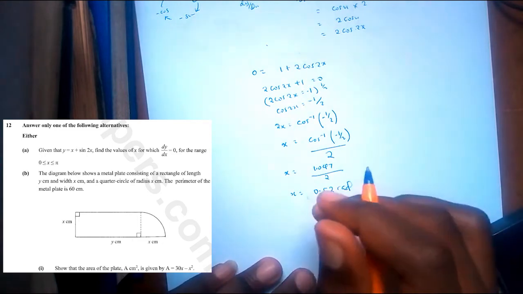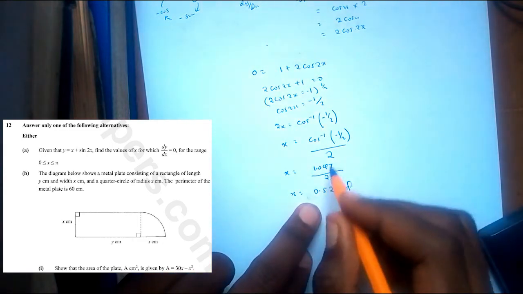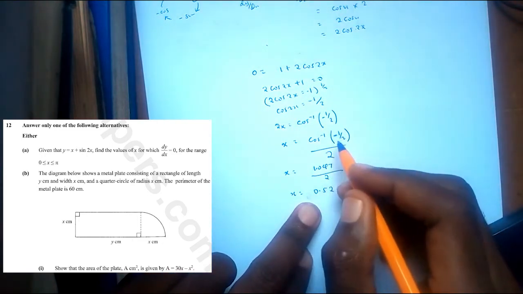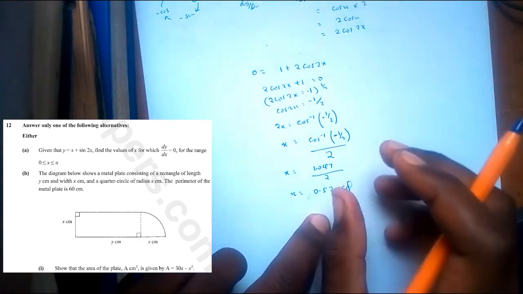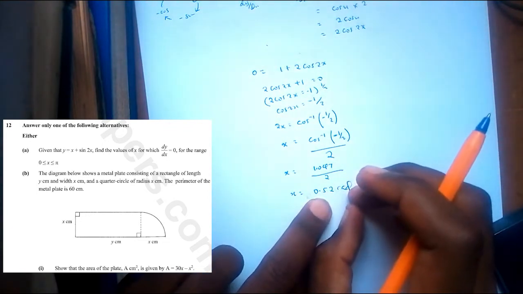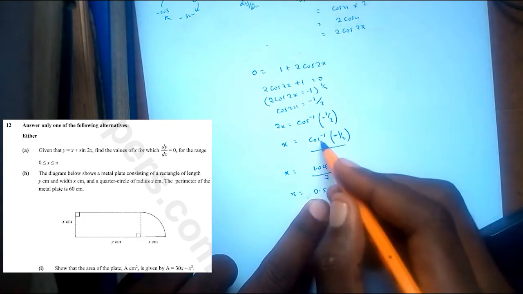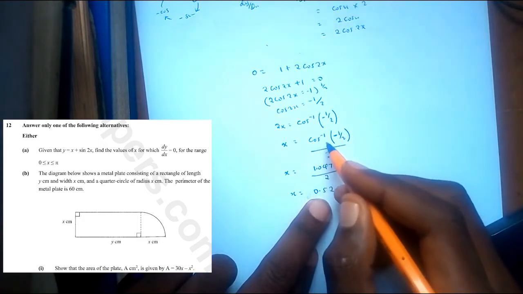Since we had a negative here, we have to find the values of x where cos is negative.